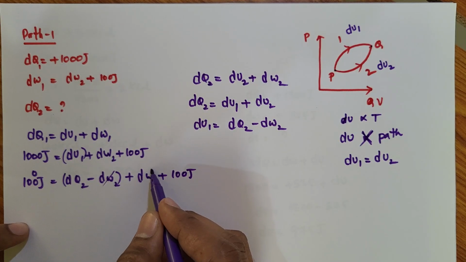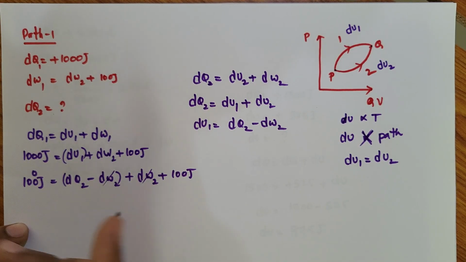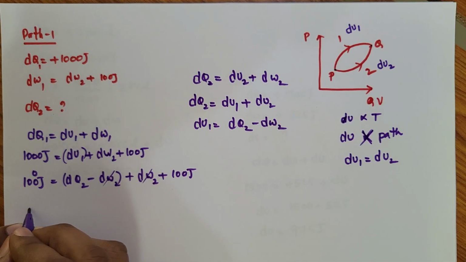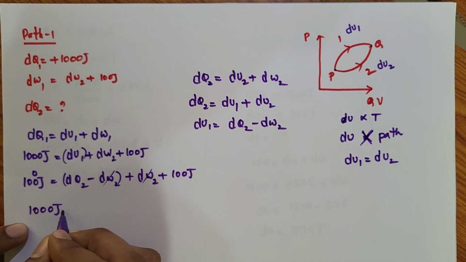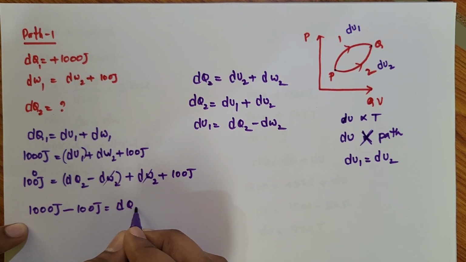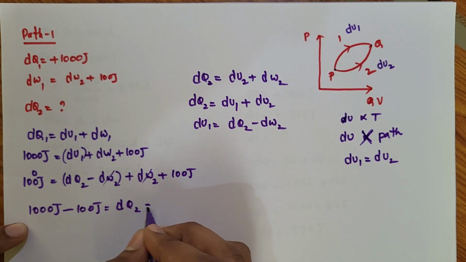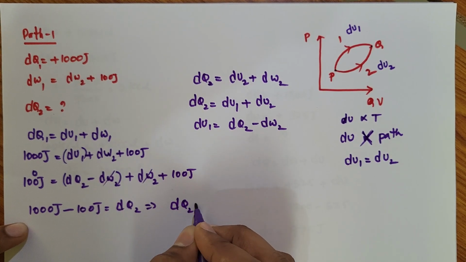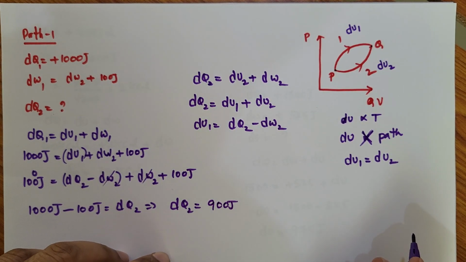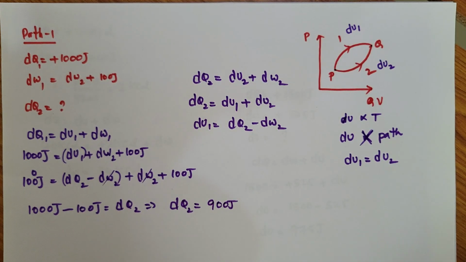Minus dW2 plus dW2 cancels. What is remaining? This 100 joules I'll send to that side. It becomes 1000 joules minus 100 joules is equal to dQ2, which implies dQ2 will be equal to 900 joules. Okay. Thank you.